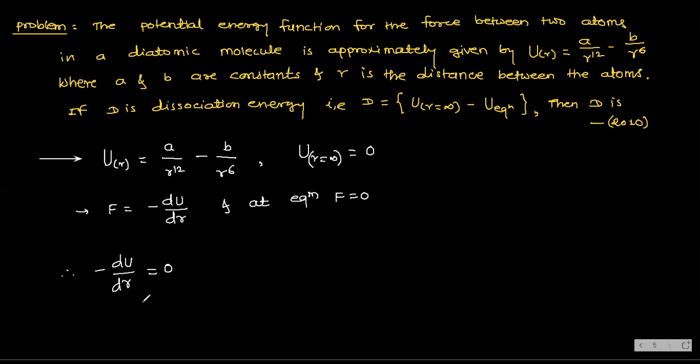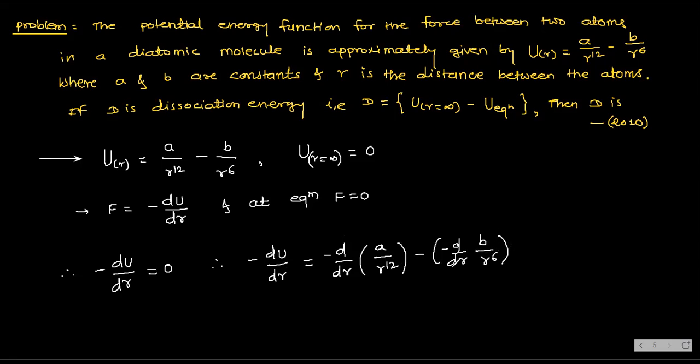So I am taking the derivative. Minus dU by dR is equal to minus d by dR of A by R power 12, minus again d by dR of minus B by R power 6, which is equal to 0.